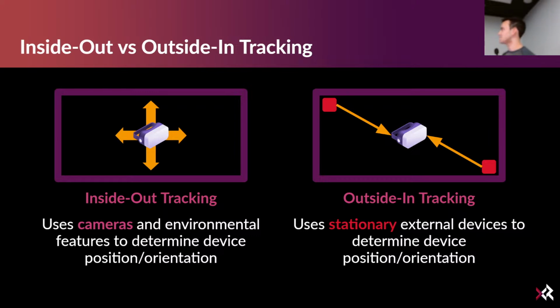And as the name implies, it's a measure of from what perspective you're determining your location. So the Meta Quest devices, Oculus Quest, whatever you want to call it, they're all an example of inside-out tracking, and that is because we have cameras on the headset itself that will look around the room and be like, okay, where am I in the room?